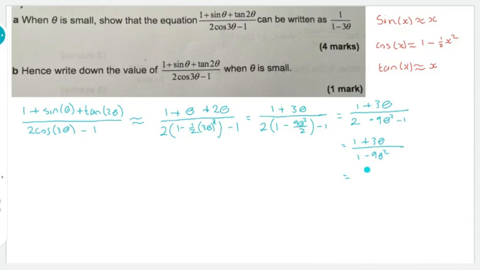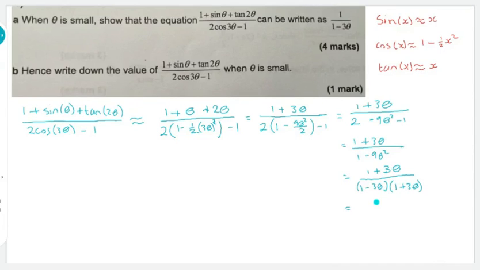Now, conveniently, the bottom factorizes via the difference of two squares. We have to get good at spotting these. So we have 1 minus 3 theta multiplied by 1 plus 3 theta. The 1 plus 3 thetas cancel at the top and bottom.